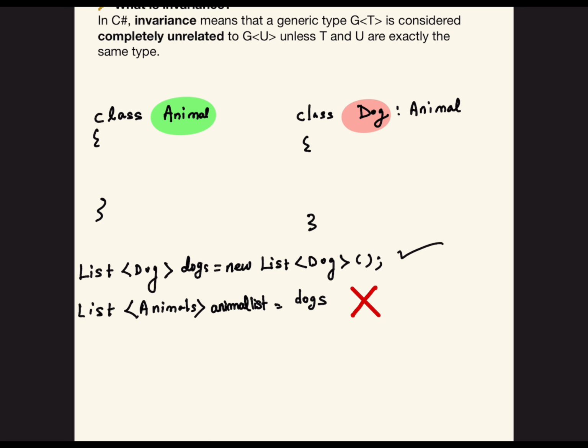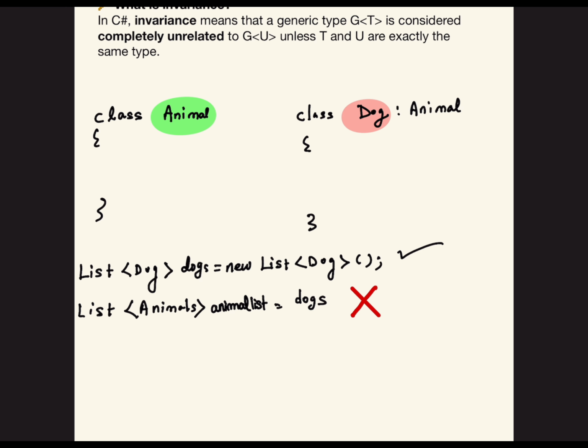Now when I do this List of Dog equal to new List of Dog, that is allowed. Even if I do List of Animal on both sides, that will be allowed. But the moment I assign these dogs inside this List of Animal, that is not going to work. So that is what invariance is.